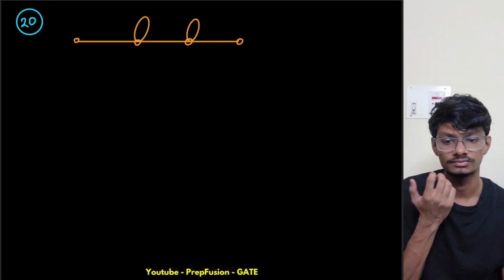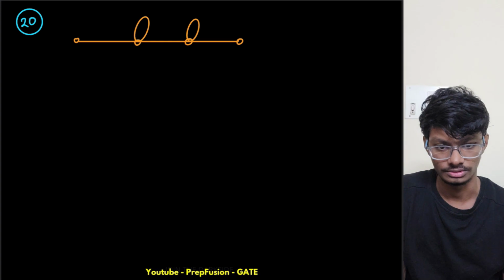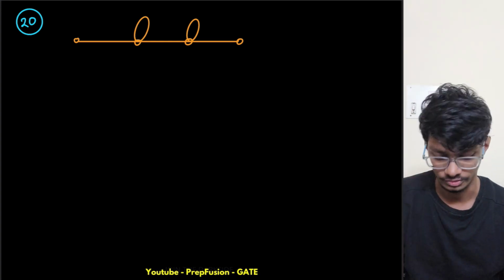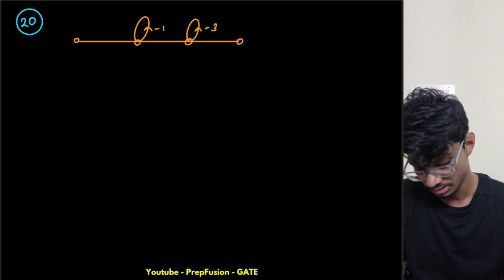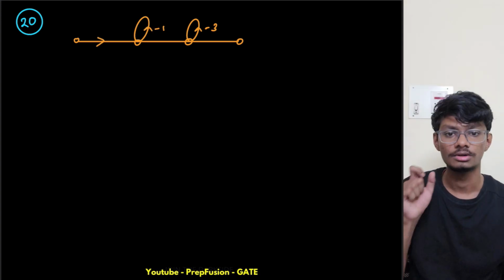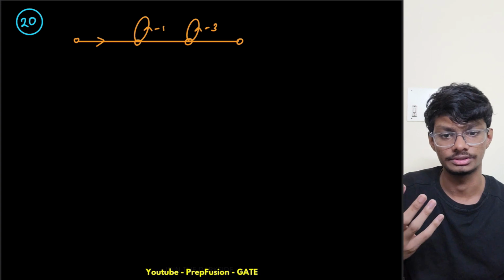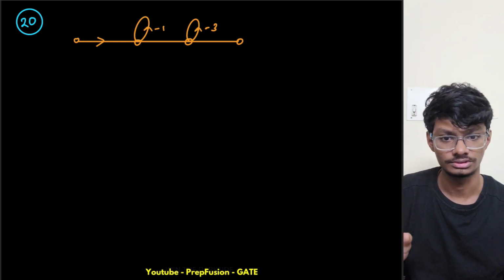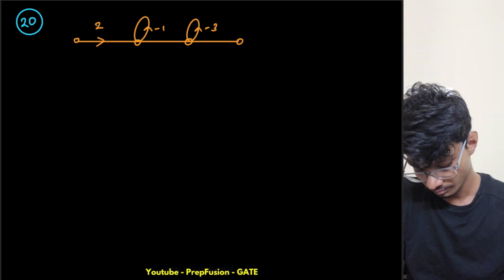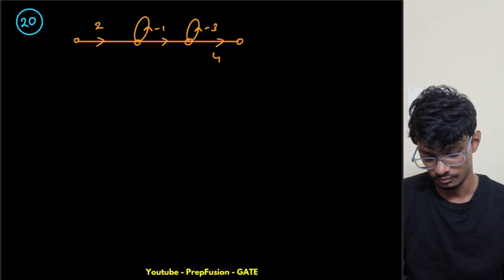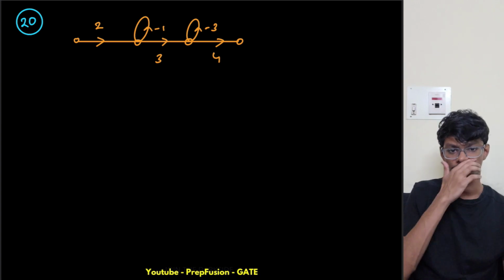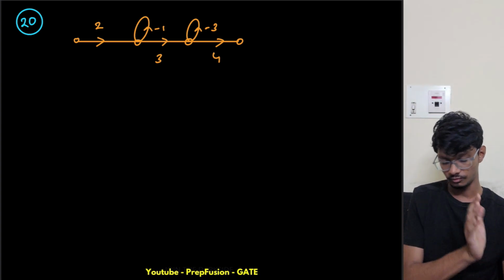A self loop with -1 is not an issue; only a self loop with unity gain is an issue. So this is -3, this is -1. Be careful: only unity gain causes us issues. So this is 2, this is 4 and this is 3. This is what the whole flow diagram is.